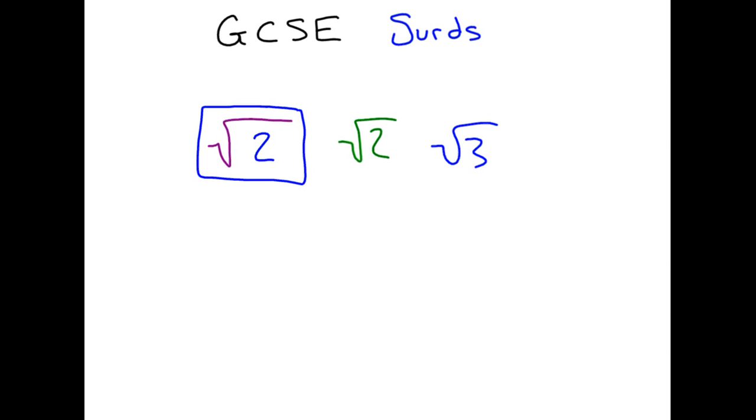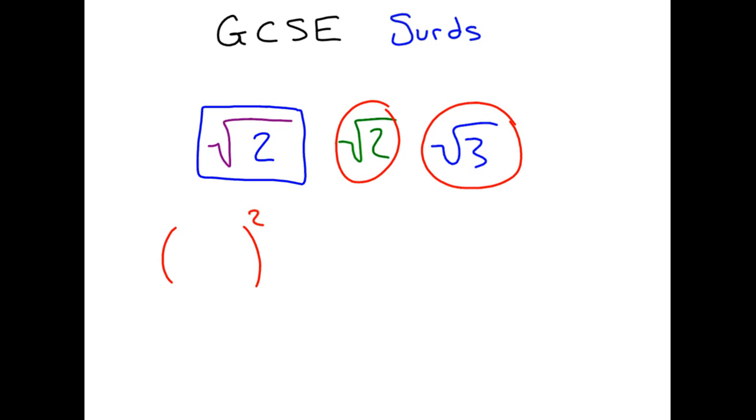Now we have rules that we can use with these special types of numbers to simplify and to combine them together. Before I talk to you about those rules, I want to do a brief reminder about something in brackets to a power, say squared.